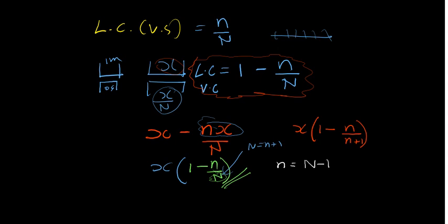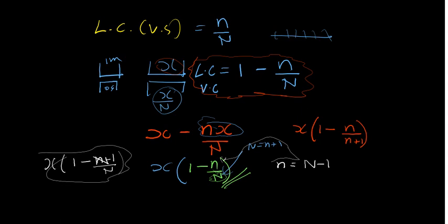So you may apply this here as well and obtain this equation: x times 1 minus n over n minus 1. So anything is possible. So it's all about the vernier scale.